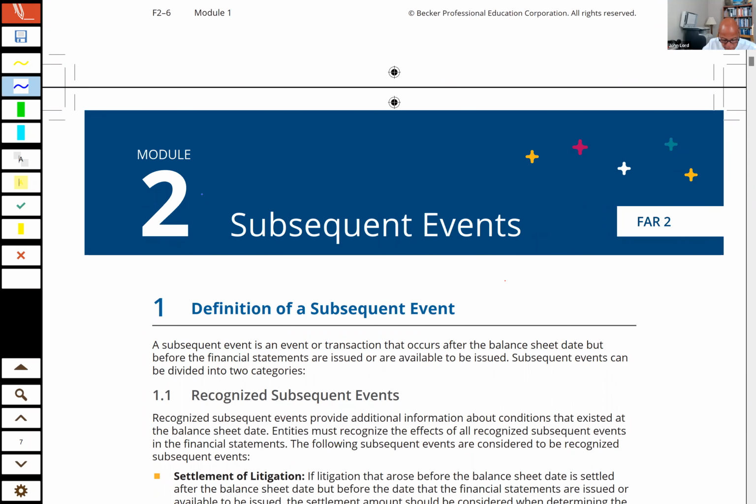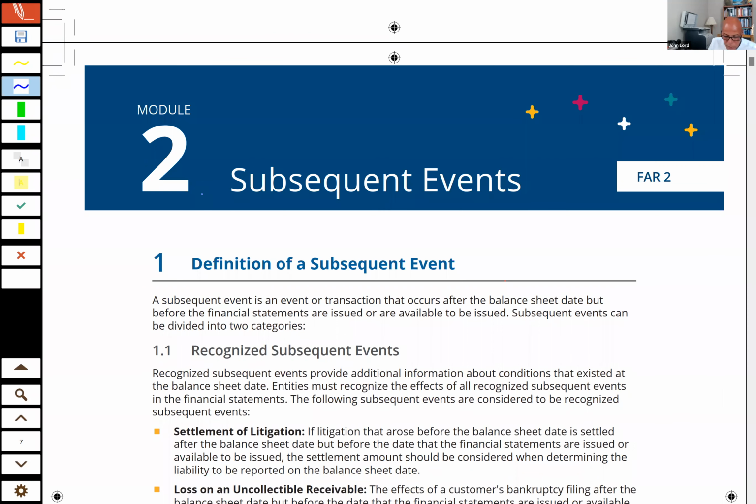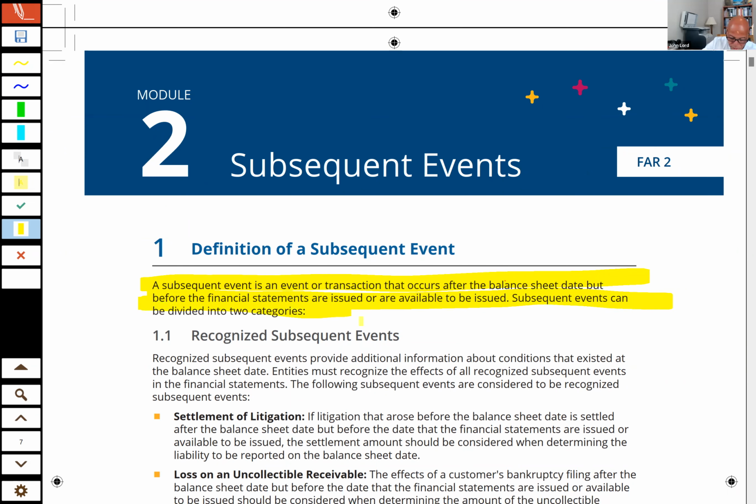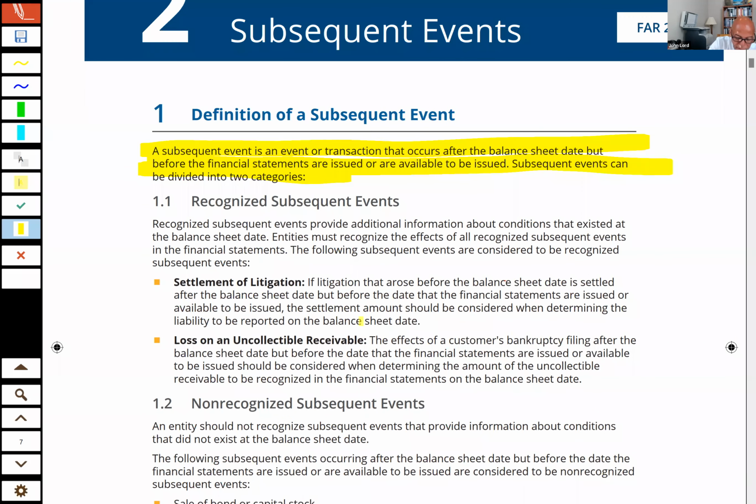Okay, so they tell us here the definition: a subsequent event is an event or transaction that occurs after the balance sheet date, but before the financial statements are issued. And they can fall into 2 categories. We can have a recognized subsequent event.